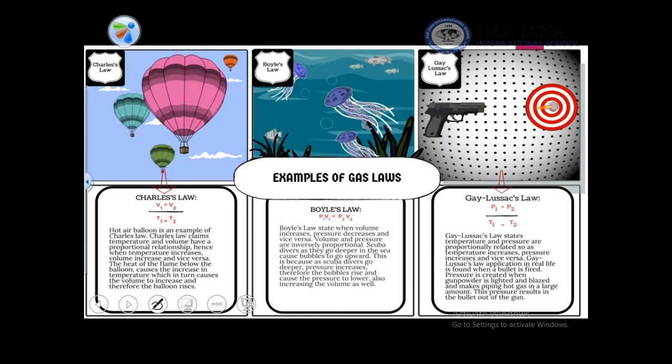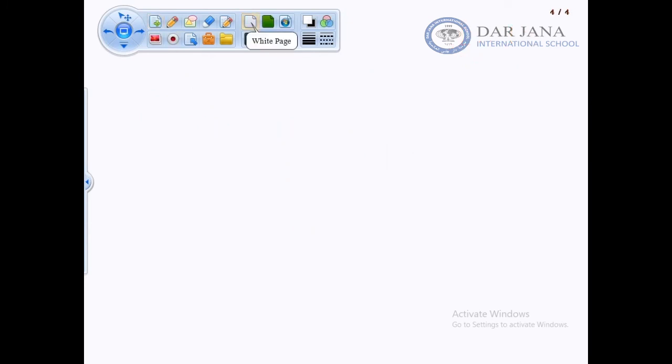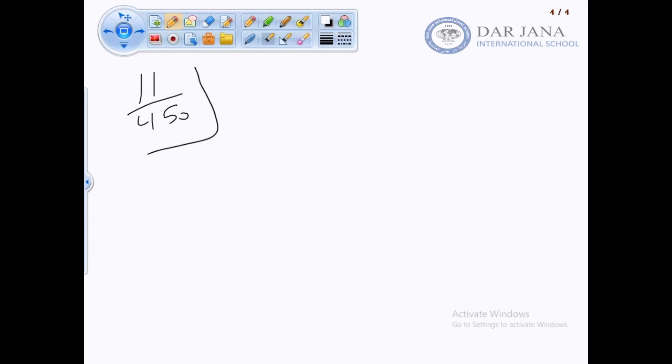Let's solve an exercise that includes the three laws together, which I mean the combined gas law. Kindly open the book on page 450. We're going to solve exercise 11, page 450.